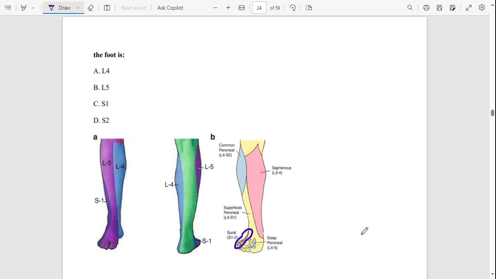Same also with the other leg. It will also do that. So innervation to the bilateral side of the foot is by S1. I want you also to take note of the innervation between the big toe and the first toe here, which is not a big toe. That is by the deep peroneal nerve, L4, L5. Just take note of that innervation. You also need to know these cutaneous innervations because they can bring them for you to be able to label or something like that.